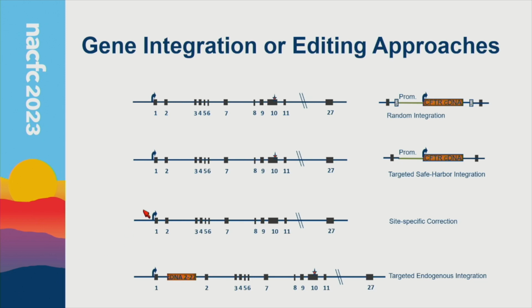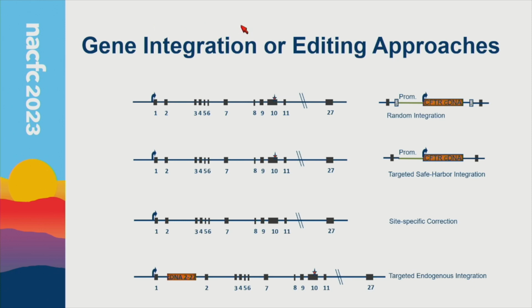So the idea here, if we look at the left-hand schematics, is that we're looking at the full CFTR genomic sequence together with the asterisk indicating a mutation. It can be a stop codon, it could be a missense mutation, for example.